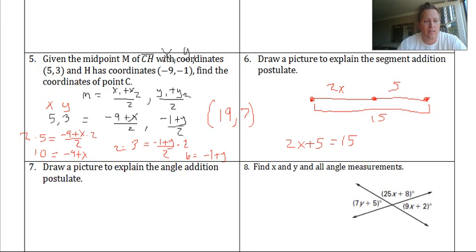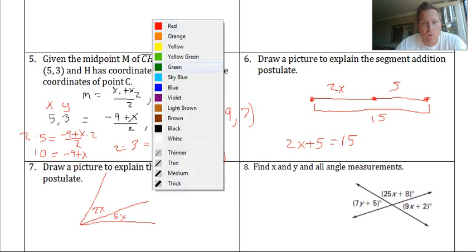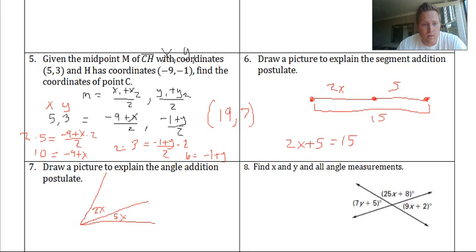Okay, it's the same thing for this angle addition postulate. The only difference is we're going to have an angle. So we have an angle, and it looks something like this. And if we were told that this was, say, 2x, and let's say this one was 5x, and we were given the total angle, so we were given this full angle right here was, say, I don't know, we're just making it up right here, 100.